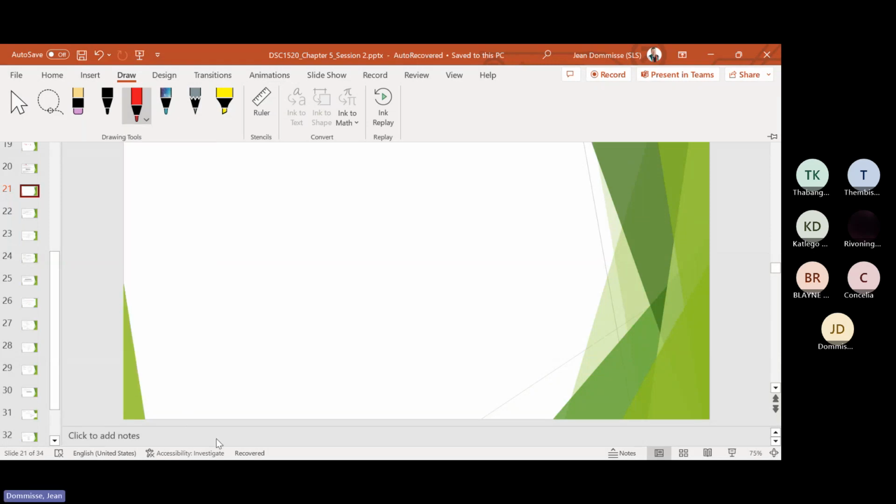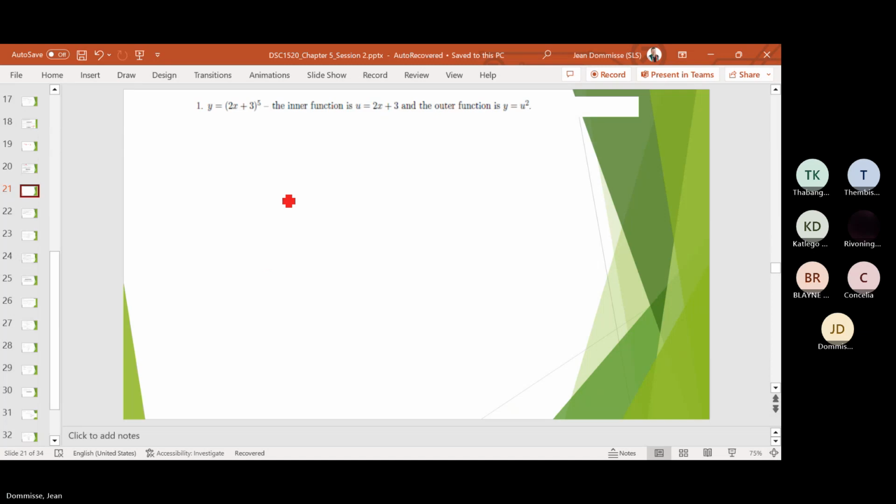So we now have this function, y is equal to 2x plus 3 to the power of 5. Okay, so what we're going to do in this instance is to say, okay, but let's look at this function.